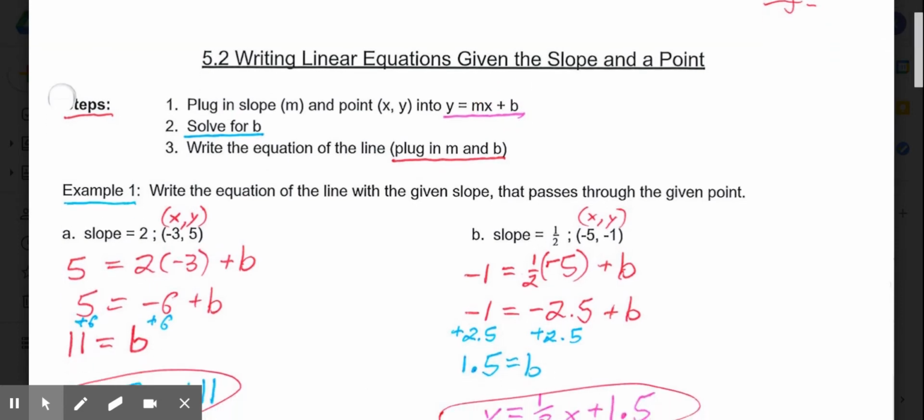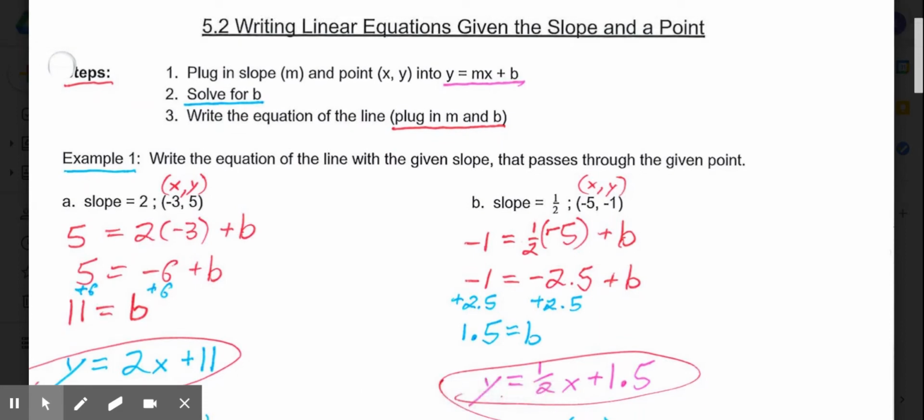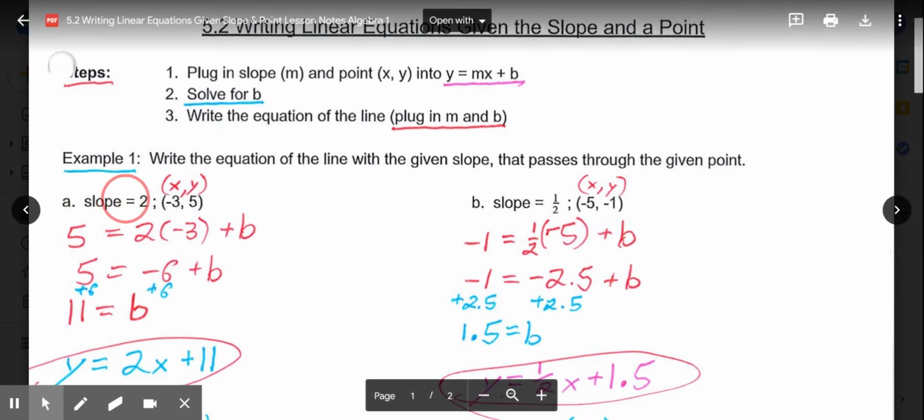To begin with, let's look at 2 examples. In part A, they give us the info: the slope is 2, and the point is -3, 5. Remember, given the ordered pair, it's always written x, y.